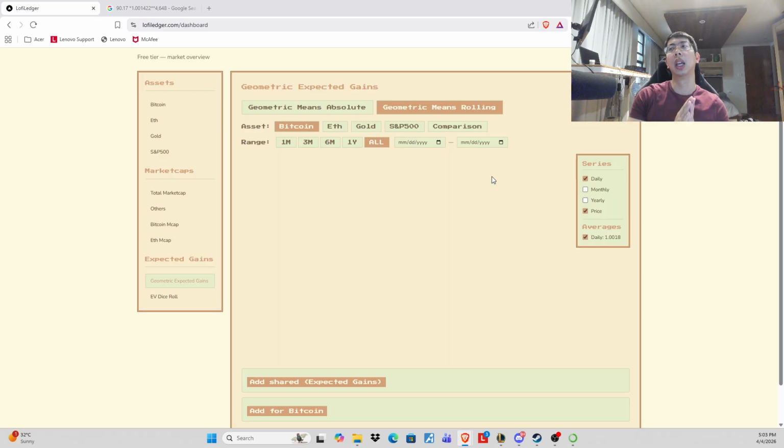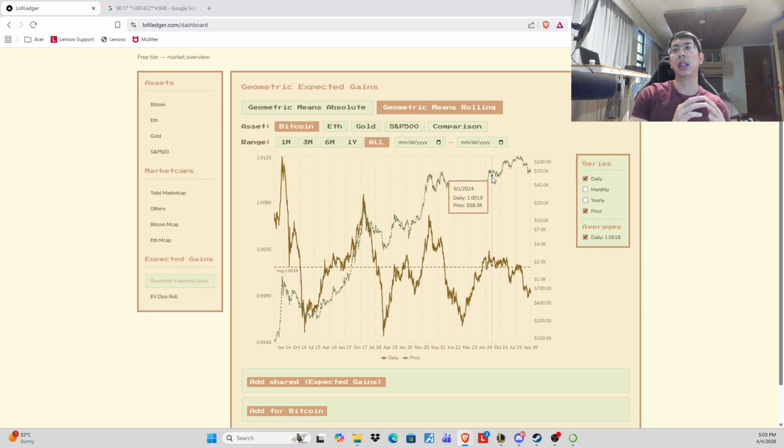So instead of taking into consideration the starting date and the ending date only, we're looking at just a rolling 365 yearly window and seeing the start of that window and the end of that window and getting the daily average interest rate. And if you do that, you get this graph, right?